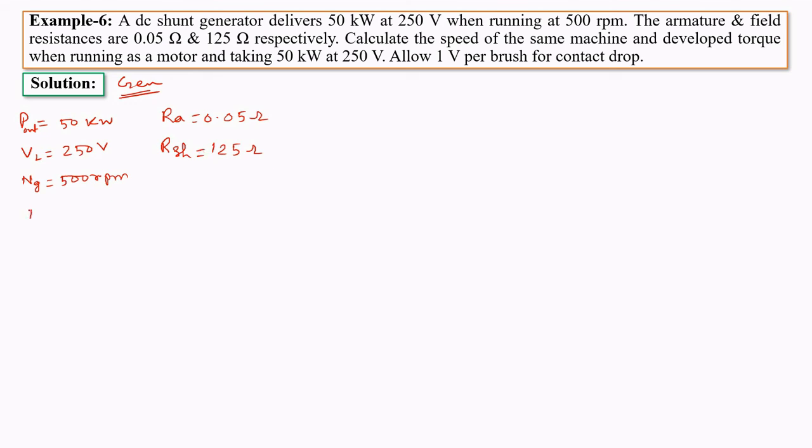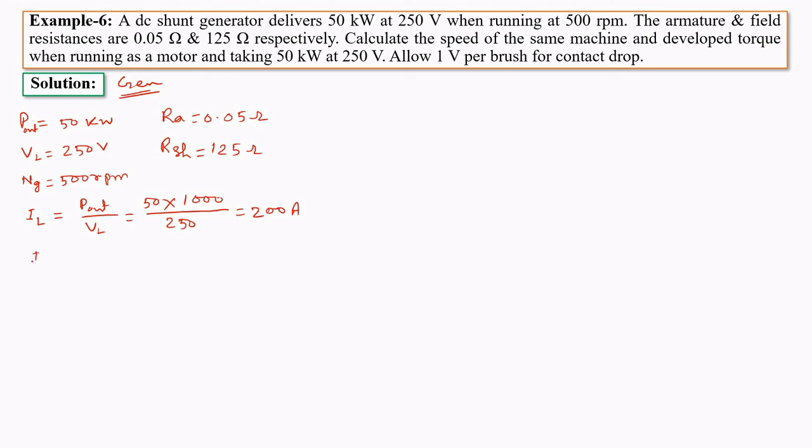So we can find the load current or IL as output power upon the voltage across the load. So output power is 50 kilowatt. It should be converted into watt, upon the voltage, that is 250. So here the line current will be 200 ampere.